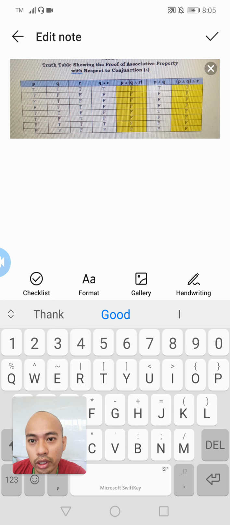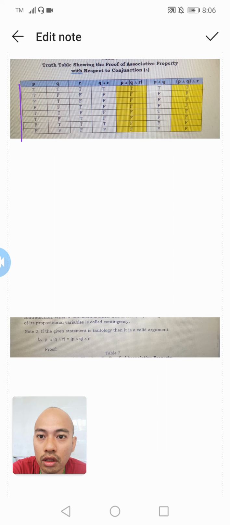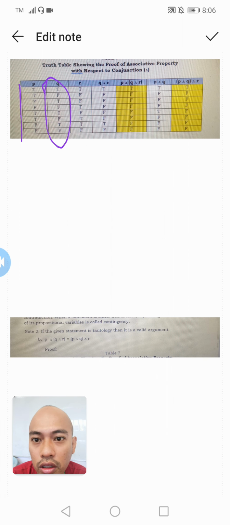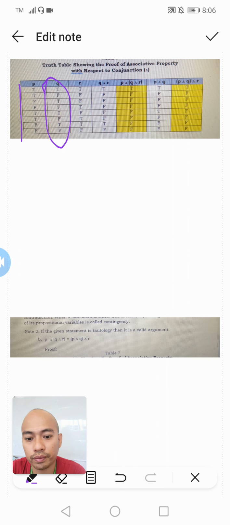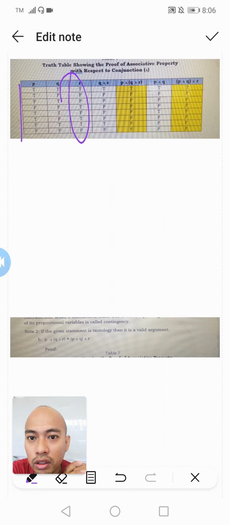So still we will be considering truth values of the 3 given statements, which are P, Q, and R. So under P, we will have the truth values TTFF, TTFF. Okay, ito yon. So these are the truth values under P. The truth values under your Q will be TF, TF, TF, TF. For the R statement, we'll be having still TFF, TF, TTF.